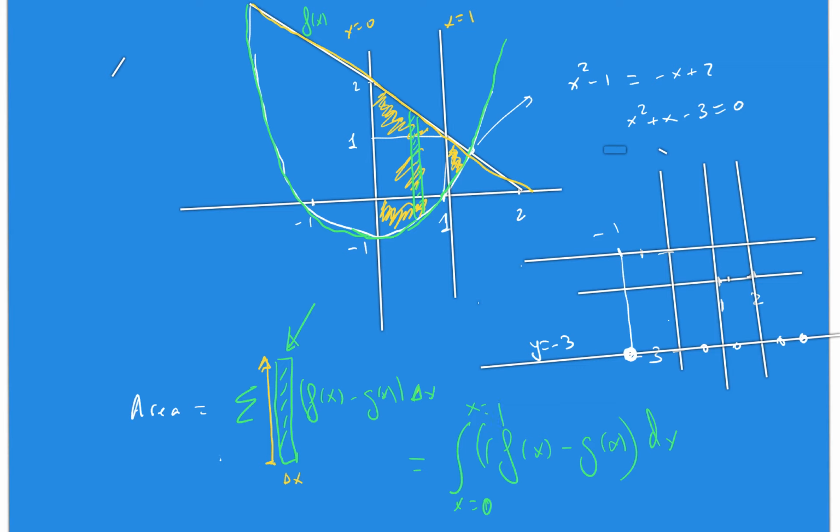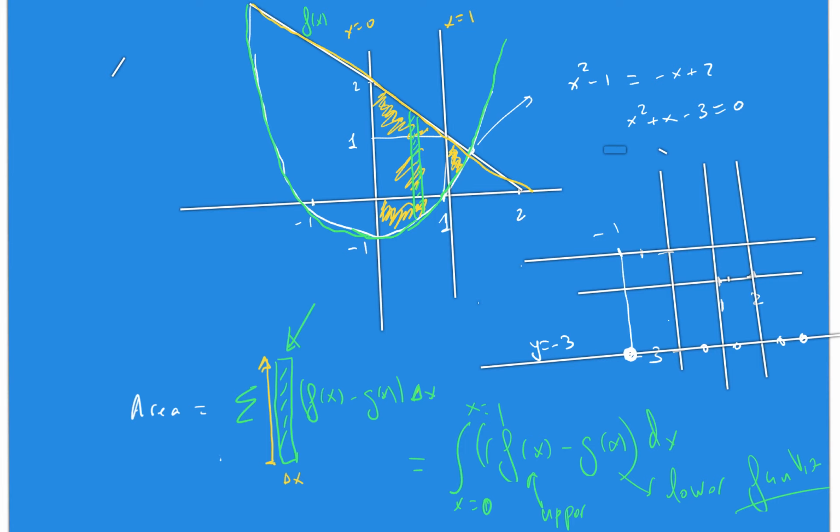So the problem is almost solved. We need now to plug in the upper function, to plug in the lower function, and to make the integral. Let's go to do it.